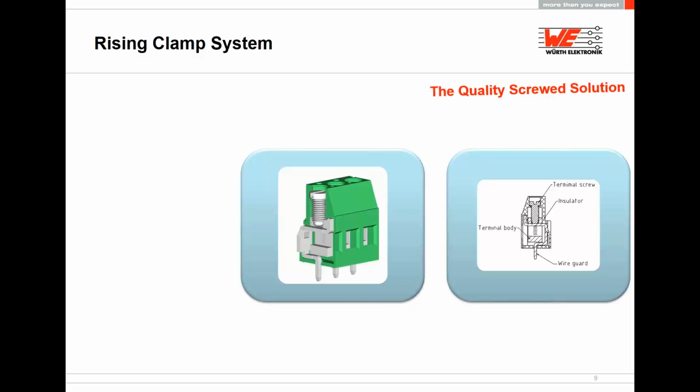It pulls the cage up and holds the wire tight, unlike the first, the wire protector, where the screw goes down. For the rising clamp, the screw stays where it is, and the cage goes up to hold tight on the wire.